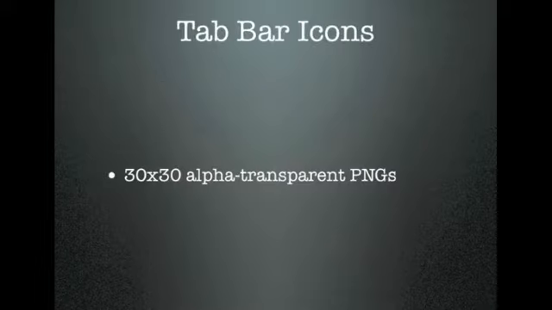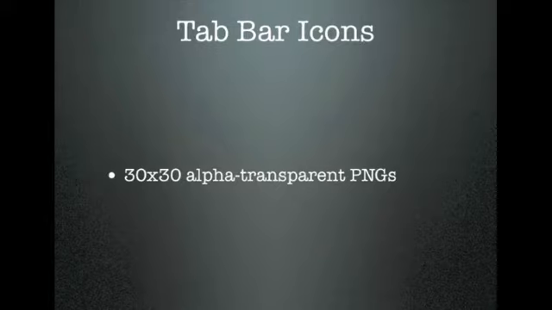Okay, designing tab bar icons. You'll eventually probably need to talk to a designer and ask them for a tab bar icon, and a lot of designers who are not familiar with iPhone will try to create a gradient-looking tab icon for you, and that's actually not necessary. All you need is an image that's roughly 30 by 30. It doesn't necessarily have to be square, but just no bigger than that.